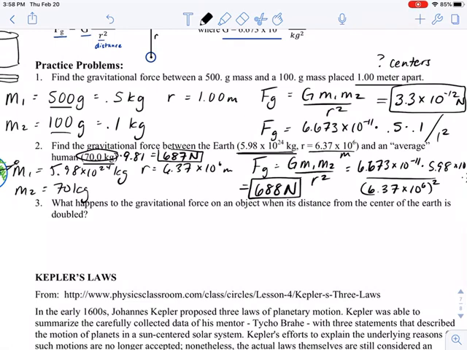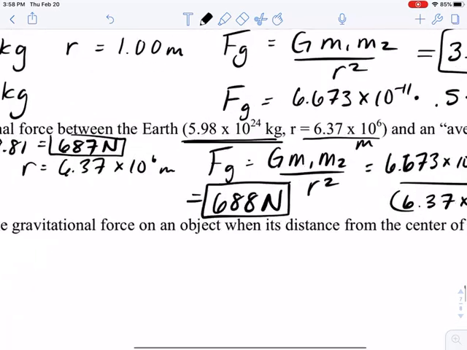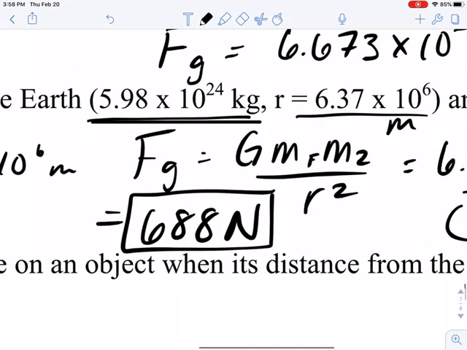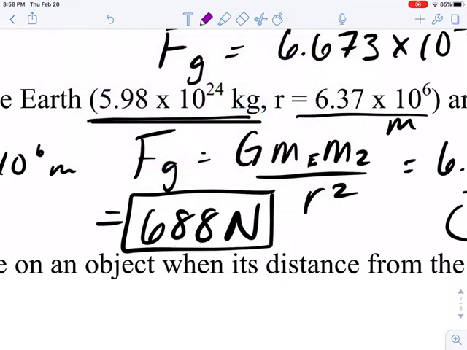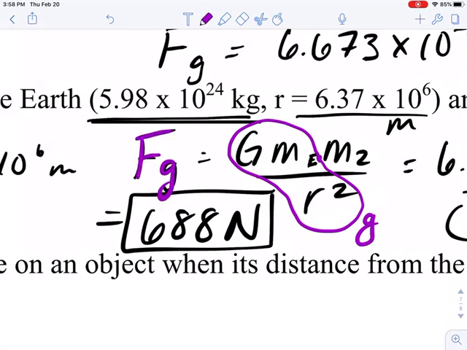What this means is that if I take this formula and think of m1 as the mass of the Earth, then this part of the formula must be equal to g, because essentially the gravitational force on some mass on the Earth is equal to that mass times g, or 9.81.